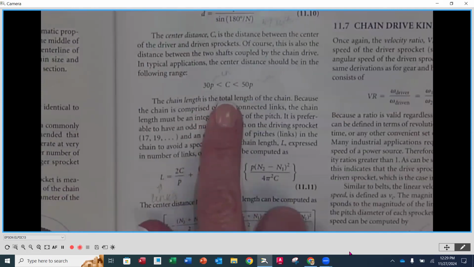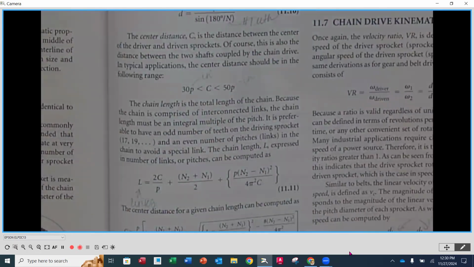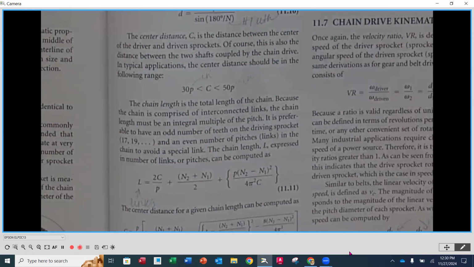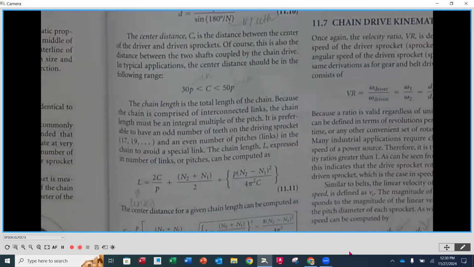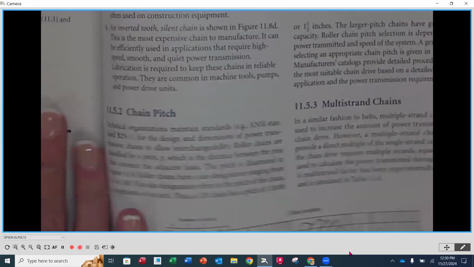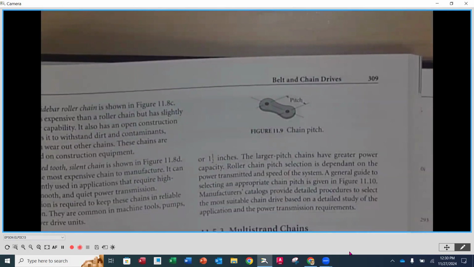So when we look here, just like we had for belts, there is a range for which is optimal for center distance. So for a chain drive, it's going to be 30 pitches, okay? That means, if you recall, when we go back over here, a pitch is going to be an individual length.